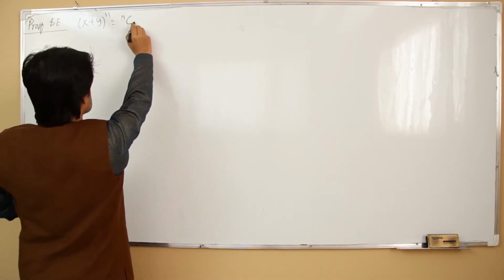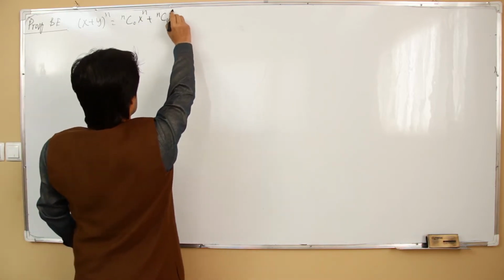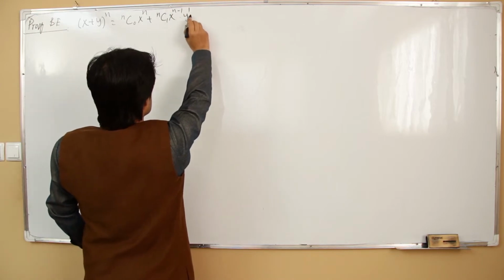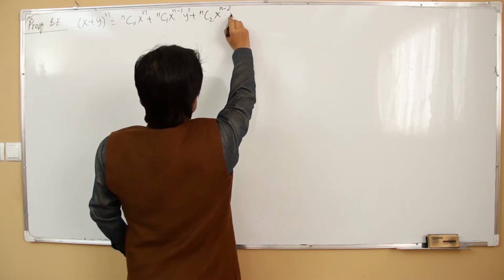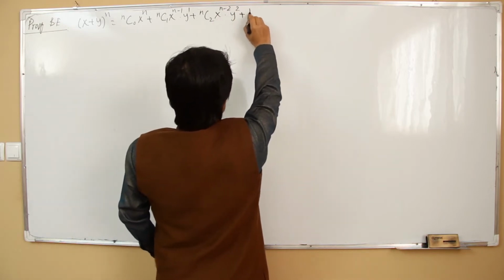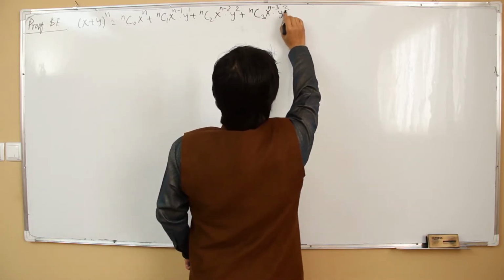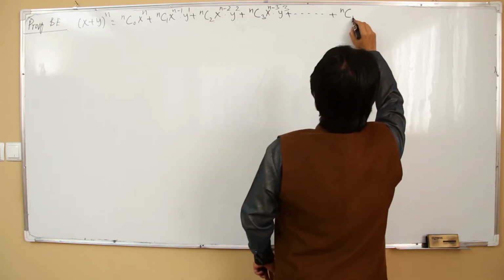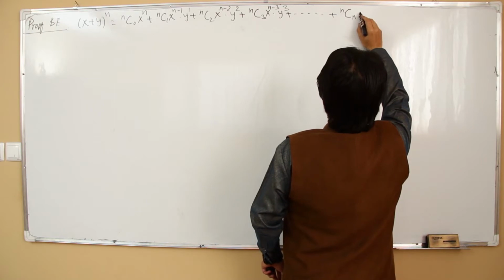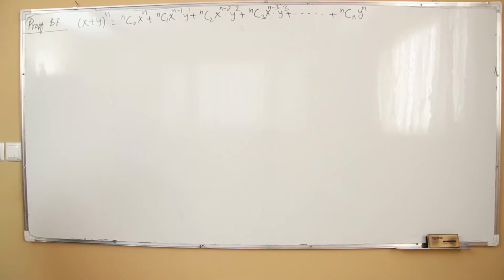You have nc0 x to the power n, nc1 x to the power n minus 1 y to the power 1, plus nc2 x to the power n minus 2 y to the power 2, plus nc3 x to the power n minus 3 y to the power 3, up to nc n x to the power 0 and y to the power n. Am I right or not? Yes. Now we have to prove this formula.